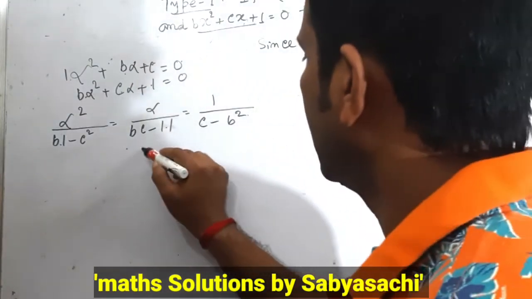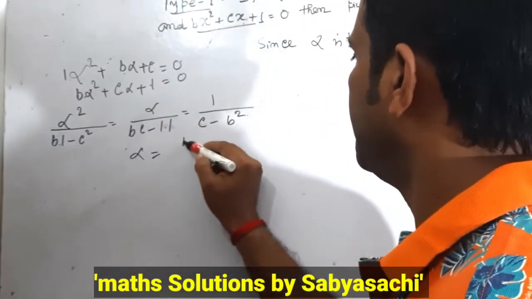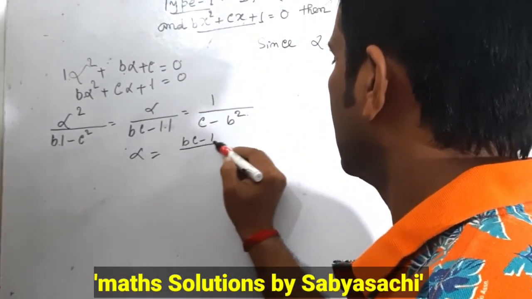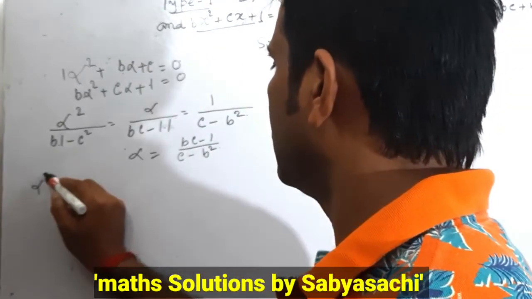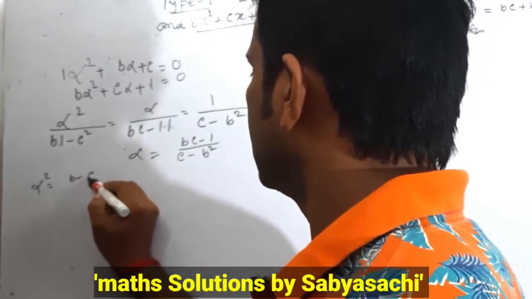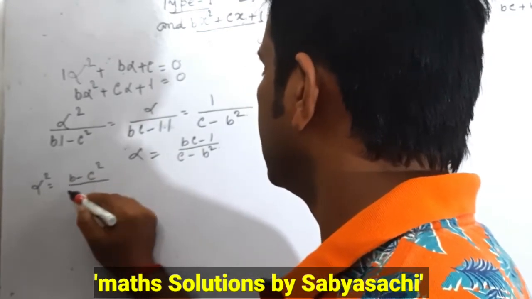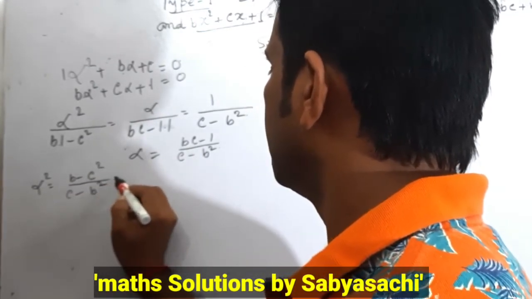From here we get alpha is equal to bc minus 1 by c minus b square and alpha square is equal to b minus c square by c minus b square.